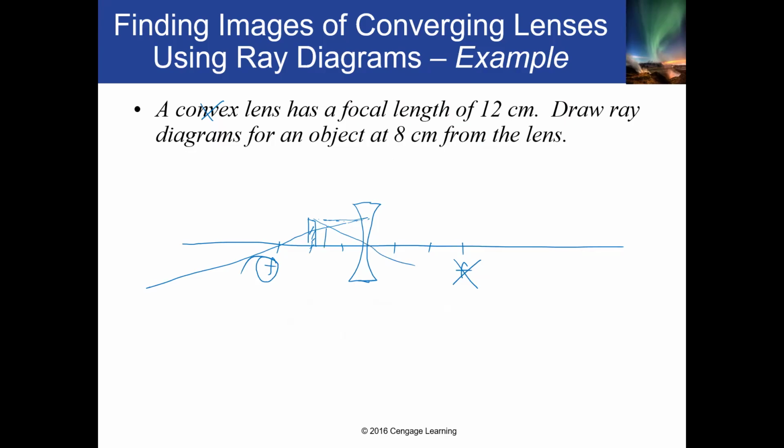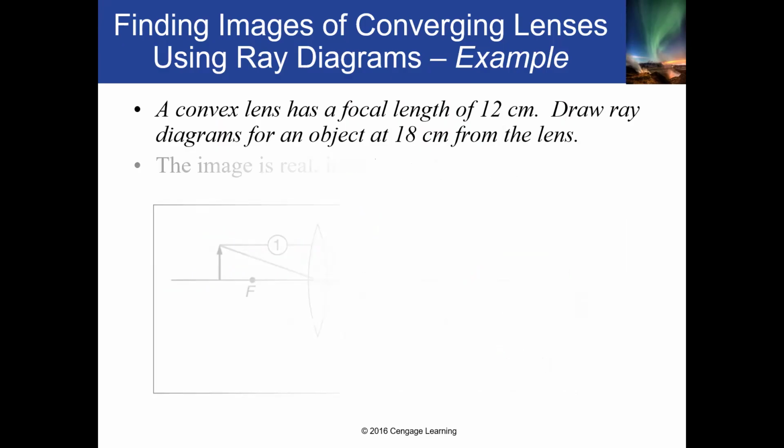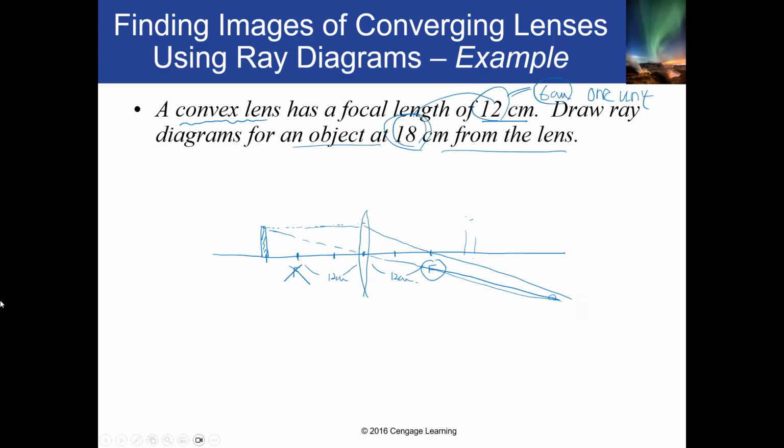So this is where your image will be formed. The size is smaller, the direction is upright, and this is again a virtual image, right? Why? Because the image is formed on the same side as the object for this lens.